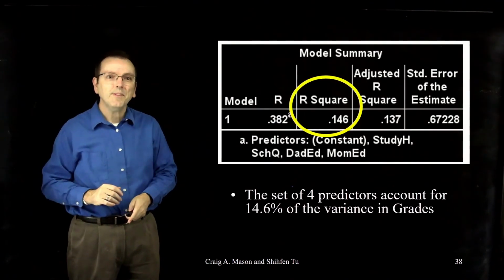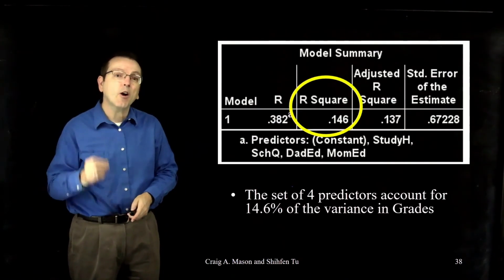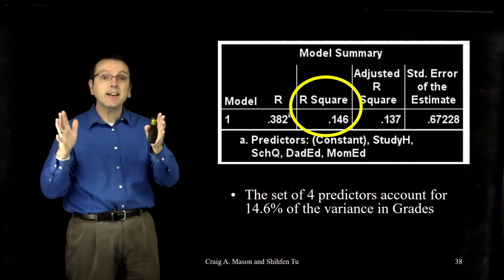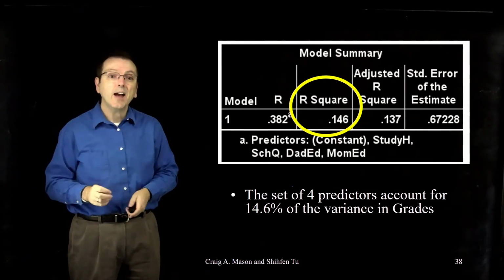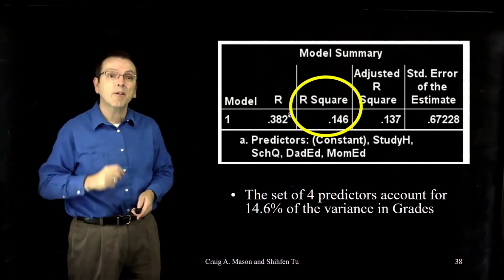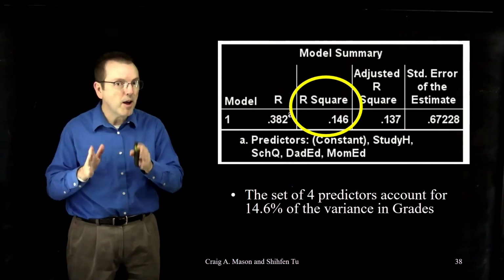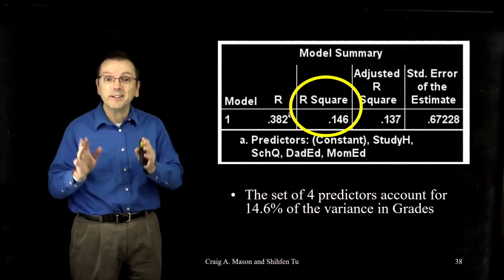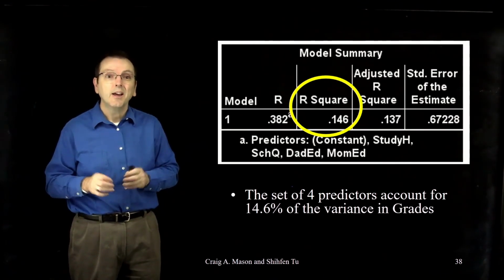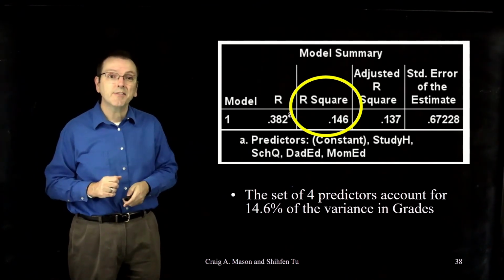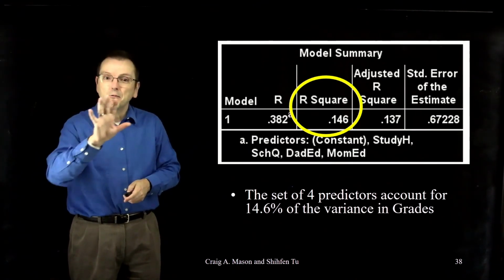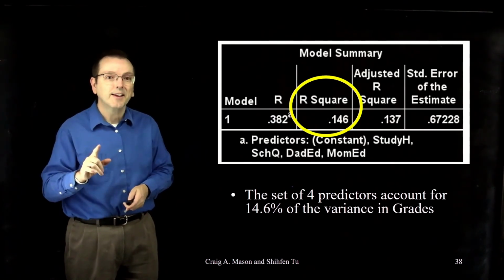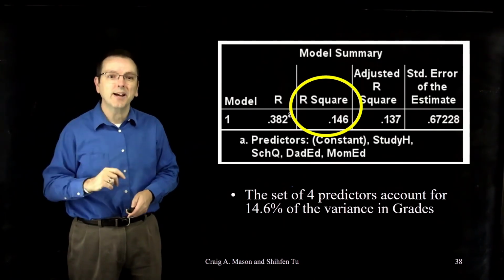The model summary table tells us that our R squared is 0.146, which means that the set of 4 variables accounts for 14.6% of the variance in grades. To use our basketball analogy, you can think of this as the score for our regression model team of 4 variables. They scored 14.6% of the variance. But from the model summary table, we don't know whether that is statistically significant. That's what the ANOVA table tells us.